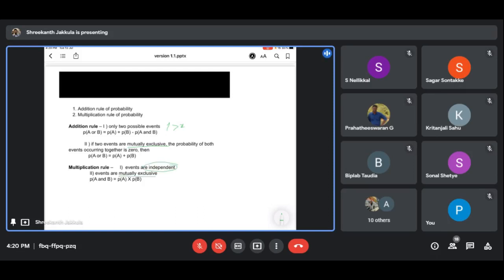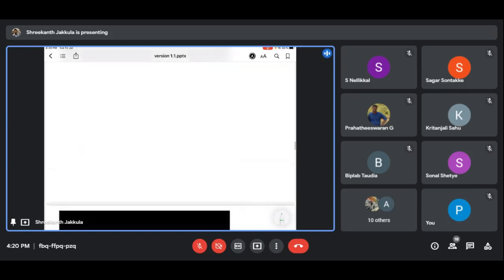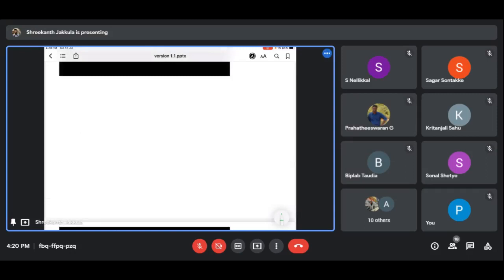Before going into the formula, let me give some examples. Let us consider there are three pens and two markers. The first question is, in how many ways can we pick only one item? These are pens, these are markers.